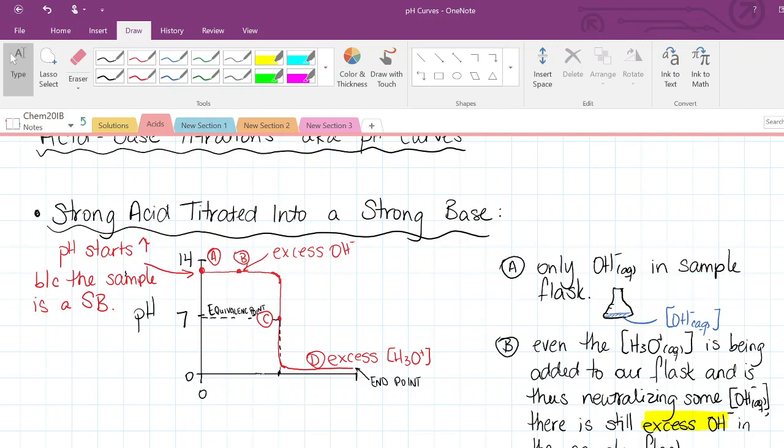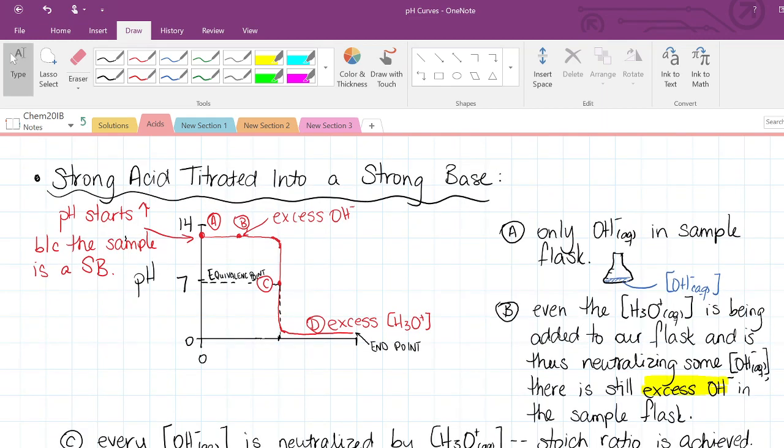Now, what we do, and we'll talk more about glassware and all of that kind of stuff when we talk about titration analysis specifically, but what we do in a pH curve is, if we've got a strong base as our sample or our analyte, we add a strong acid to it.